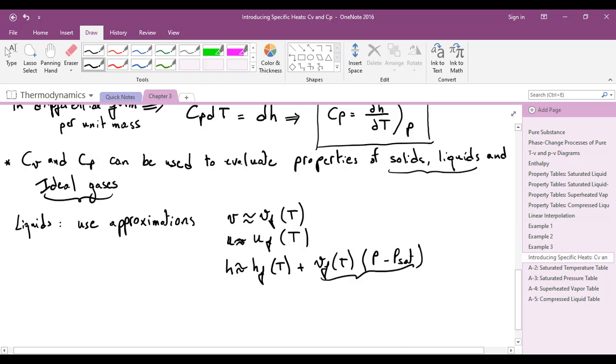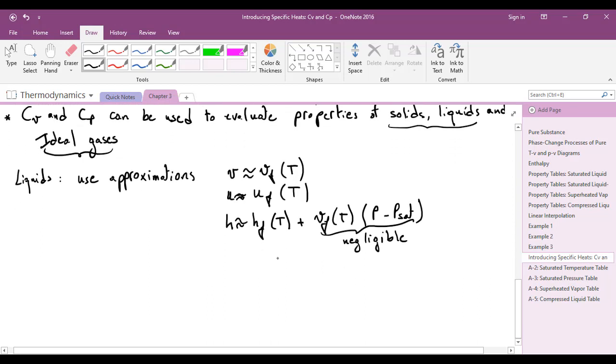But usually this term is negligible, however, if it has significant values with respect to Hf, we can keep it, but usually we can say that H is approximately Hf at a given temperature.